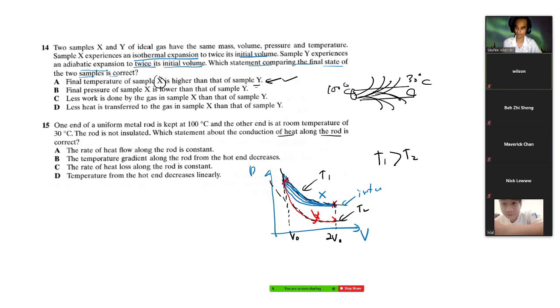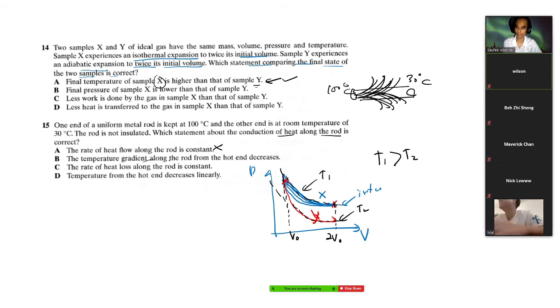A, the heat flow along the rod is constant. No, it's not constant because heat will be going outside. It was not insulated, so the heat will drop very quickly, not in a constant manner.